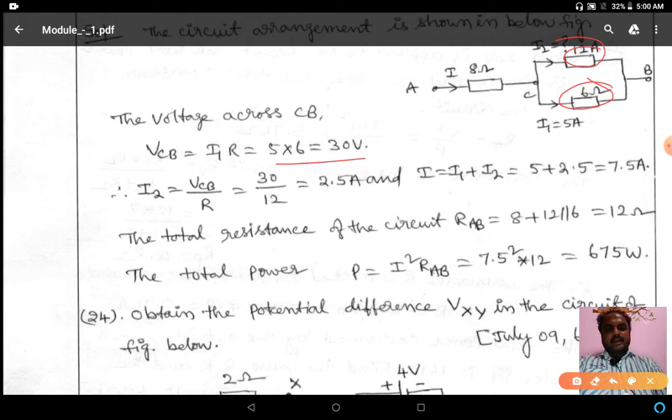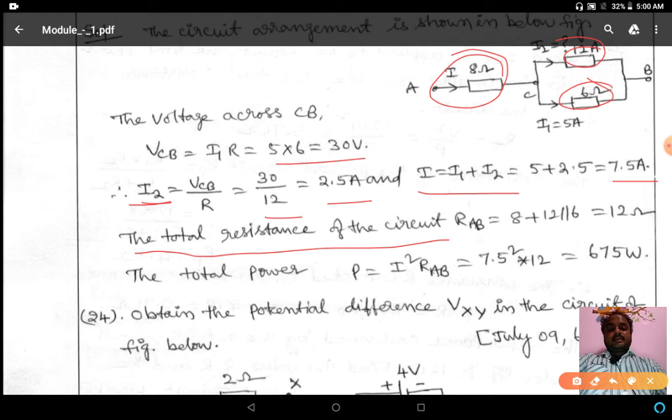Now VCB by R is equal to I2, the current flowing in the 12 ohm resistor, right? 30 by 12, that is 2.5 amperes. Now current I is equal to I1 plus I2, that is equal to the current flowing in the 8 ohm resistor, 7.5 amperes.